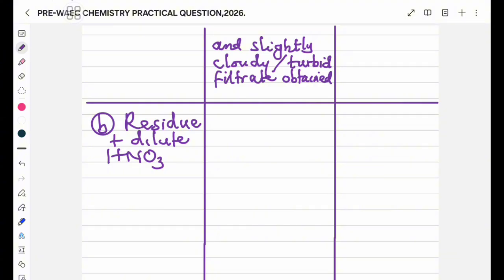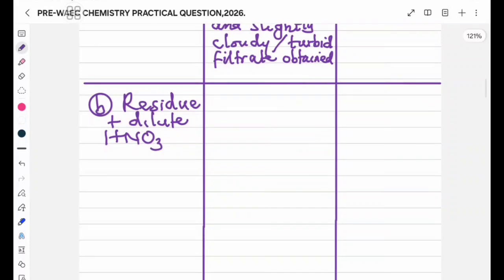And what are the things when you add the dilute HNO3? Effervescence will occur. Effervescence means evolution of a gas during a reaction that occurs in aqueous state.